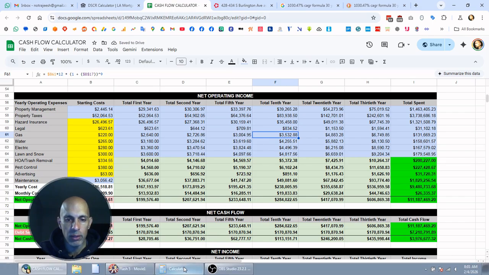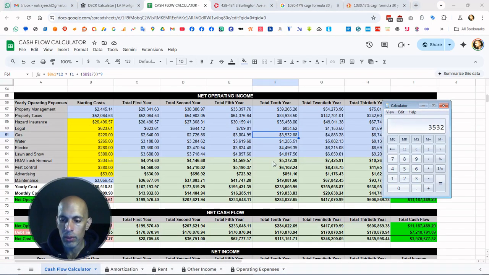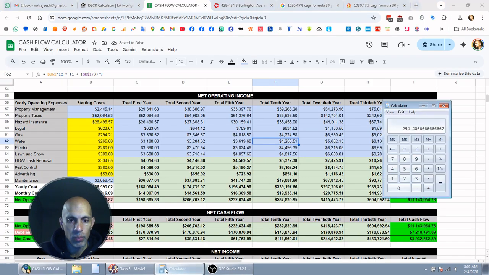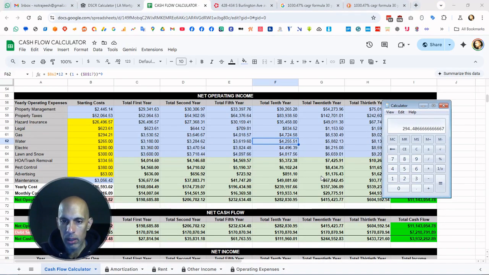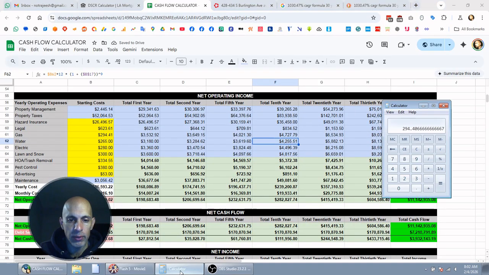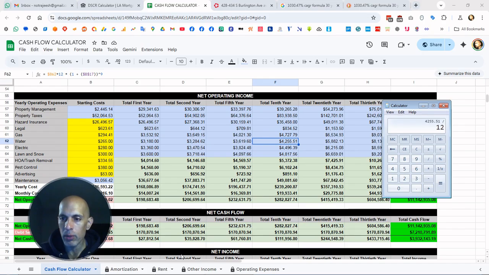Now I have to divide these figures by 12 to get them in here. 3,532.88 divided by 12 is 294.41. Next, 4,255.51 divided by 12 is 354.63.